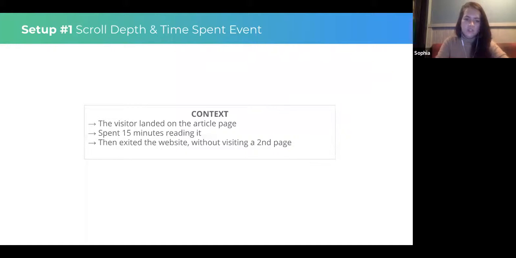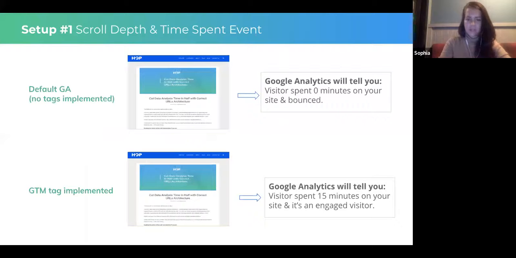So a visitor lands on an article page, spends 15 minutes reading it, then exits the website without visiting a second page. Google Analytics registers the data differently depending on whether there's a tag implemented or not.